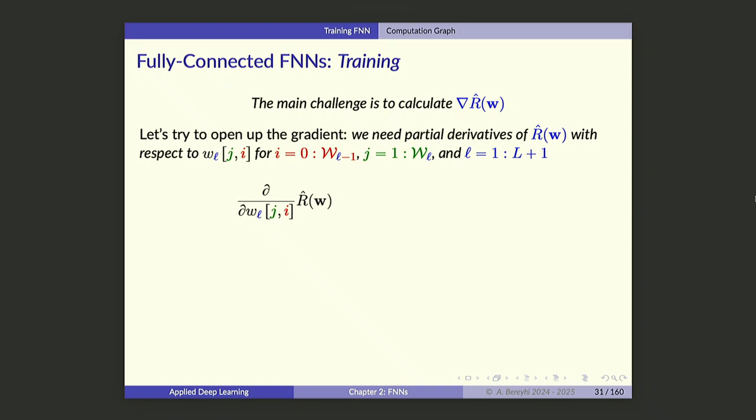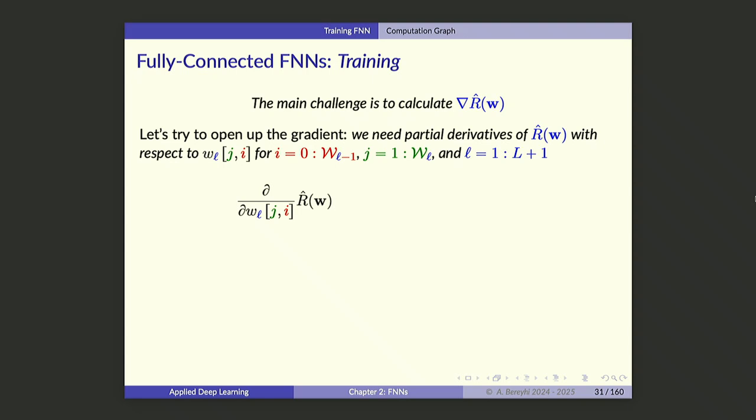Correct? So you see it? I hope that you are seeing what I'm doing, right? It's just notation, very basic right now, yeah? So I want to be able to compute the partial derivative of the empirical risk with respect to any particular weight inside my architecture. So you just point to a weight.